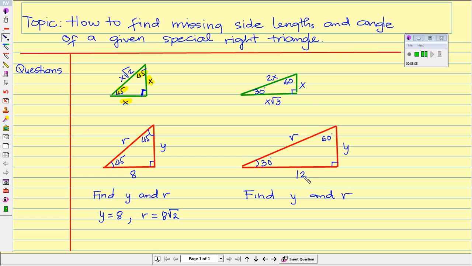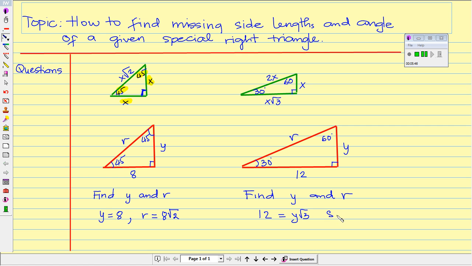So 12 is the side opposite 60, and that's x square root of 3. What is x? X is the side opposite 30. In this case, my x is my y. So 12 is y square root of 3.